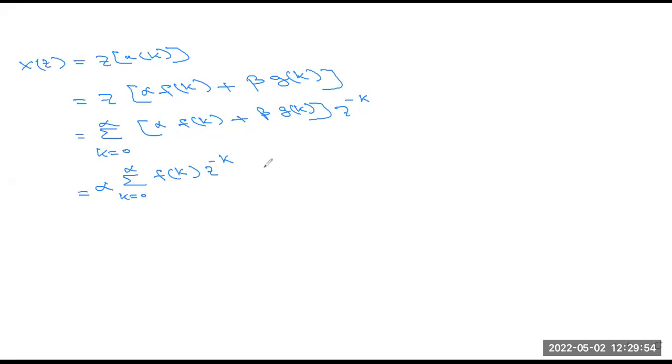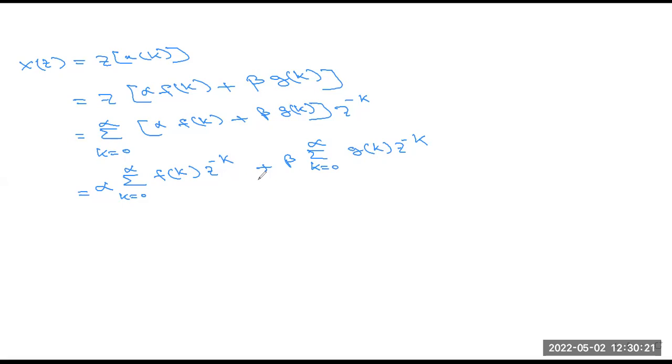This is one function. Another one is beta into the summation of k equal to 0 to infinity of g of k into z to the power minus k. Is it okay? Yes, it is okay, sir.